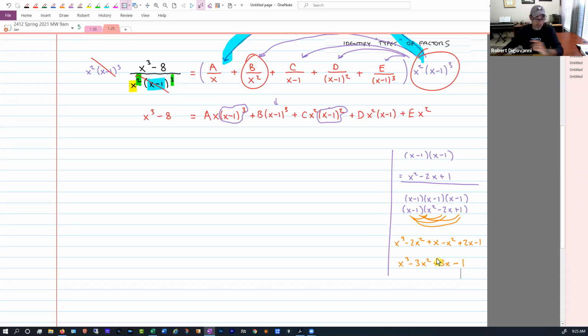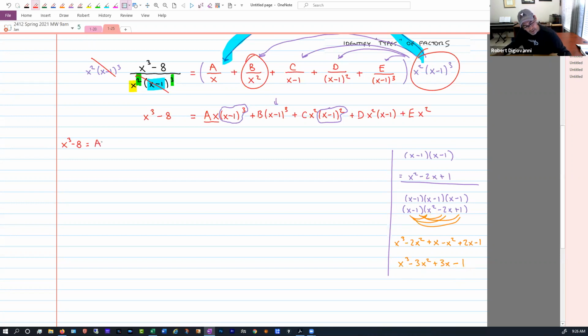All right, here we go. This is not going to be fun. Okay, x^3 - 8 equals. So this right here in purple that I've circled is actually all of this, but I've got to hit it with an ax. I'm going to try and do this all in one step so I don't have to write so much. So imagine hitting all of these with an a times x.